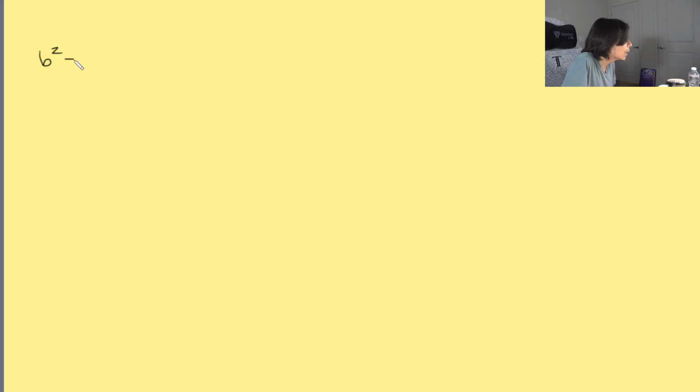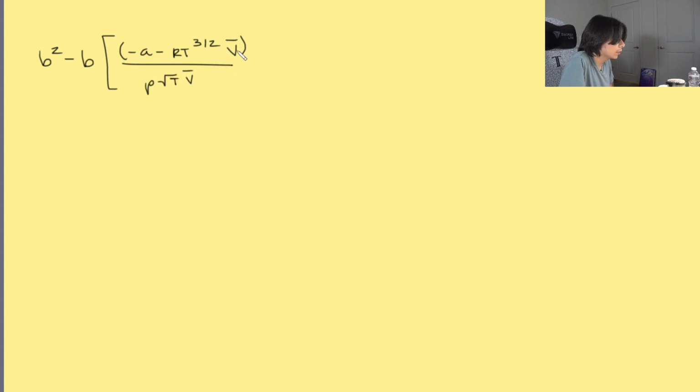So b squared minus b times negative a minus RT to the 3/2 V bar, close parentheses, P square root of T V bar, and then minus A V bar and minus RT to the 3/2 V bar squared plus P square root of T V bar cubed.